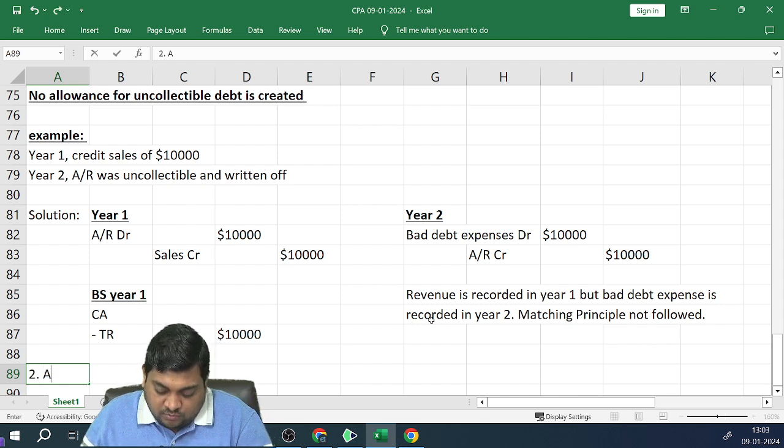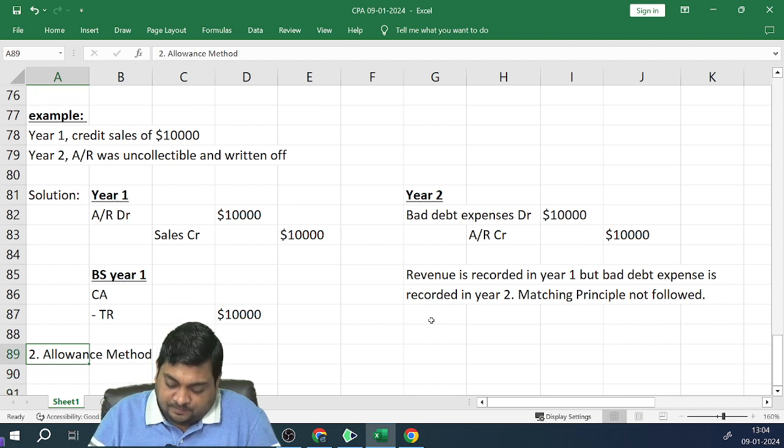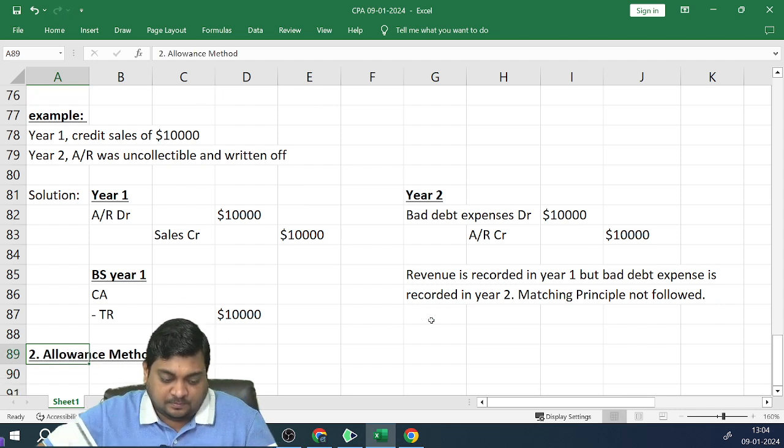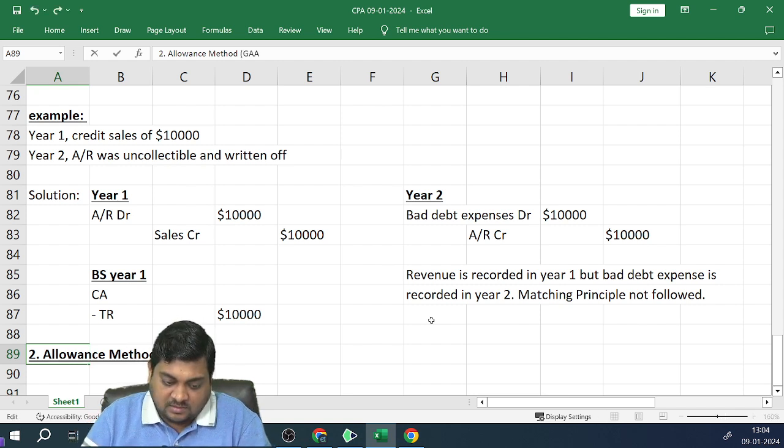Number 2, allowance method. This is as per GAAP.